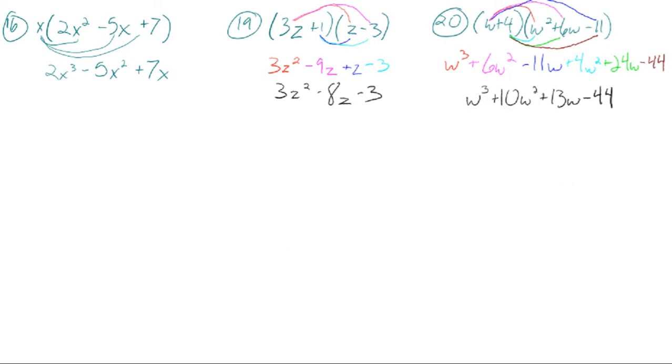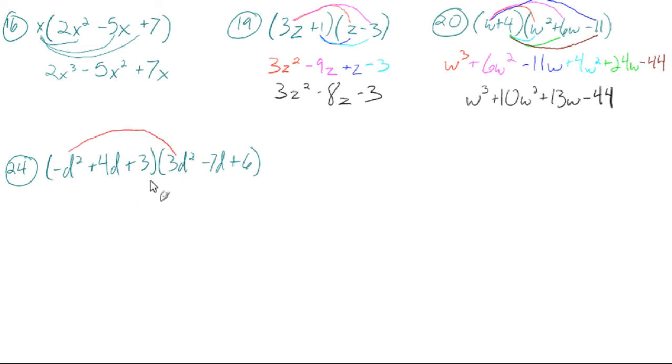Let's do it one more time, but we will step it up another level of complexity. You see we have 3 terms times 3 terms. So now we need to make sure that all 3 of these get multiplied by all 3 of these. Okay, so let's have at that.